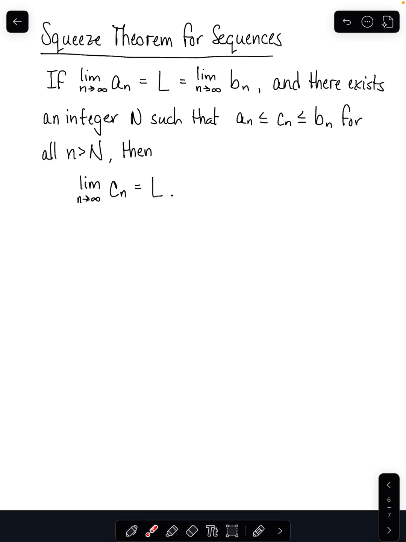Now, the squeeze theorem here is meant to give us an option for how to show that the terms of a sequence do approach a limiting value when maybe the formula for the sequence is not so easy to deal with. An example would be something that includes a factorial operation.